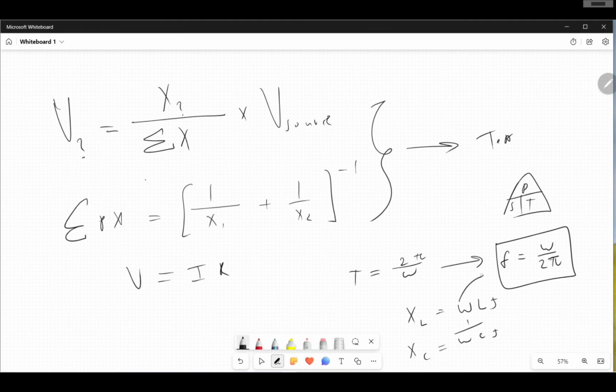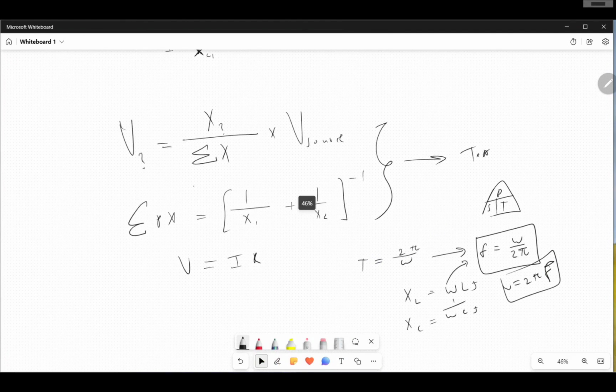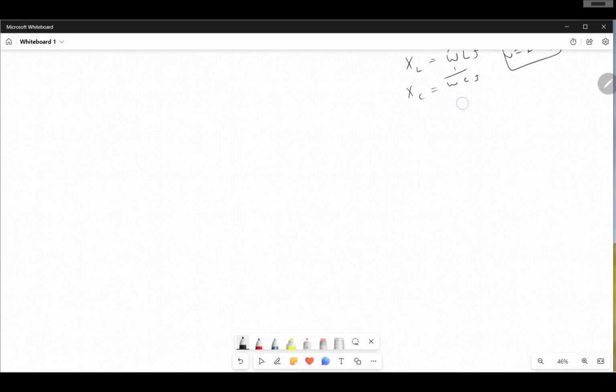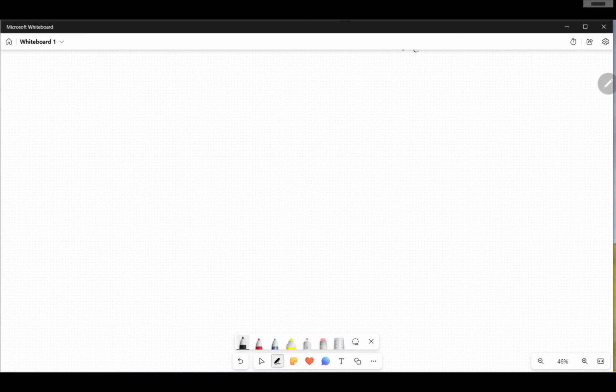Remember that omega equals 2 pi frequency. So if you remember those, I think you are really good for a test. What else can I remember? With that, I think you know everything, ready for the test.